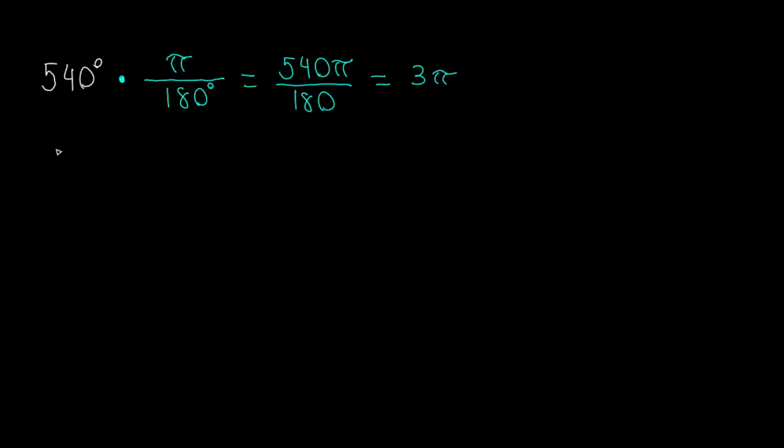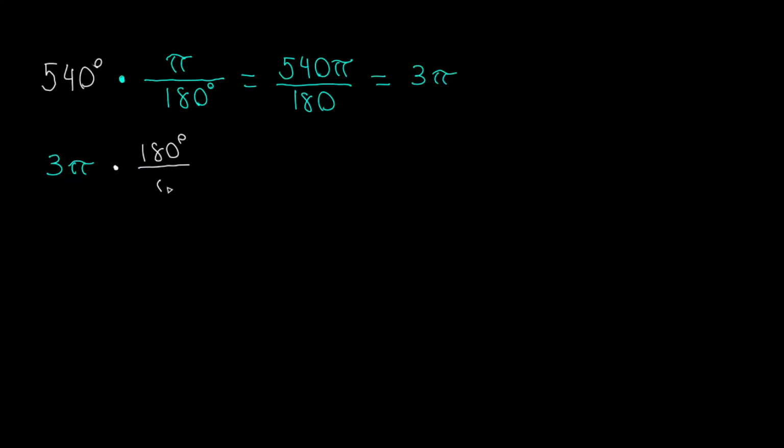Now what if we want to take those 3 pi radians back to 540 degrees? Again, we're going to multiply it by what we want over what we want to get rid of. So we want degrees, and there's 180 degrees for every pi radian.